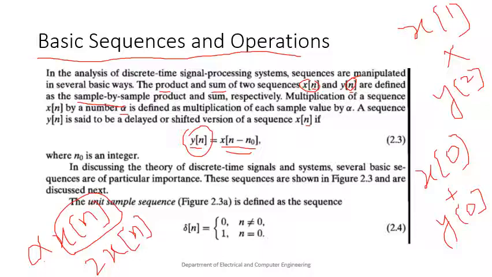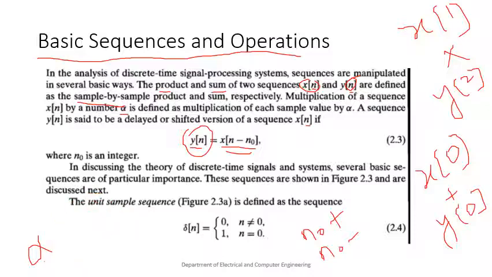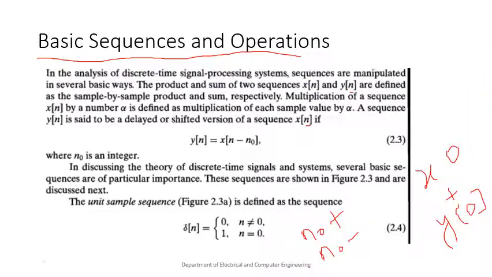If n naught is positive, it will shift towards the right. If n naught is negative, it shifts towards the left. So here we have talked about the operations: scalar multiplication, that is, this alpha multiplication, and the operation of shifting as well.